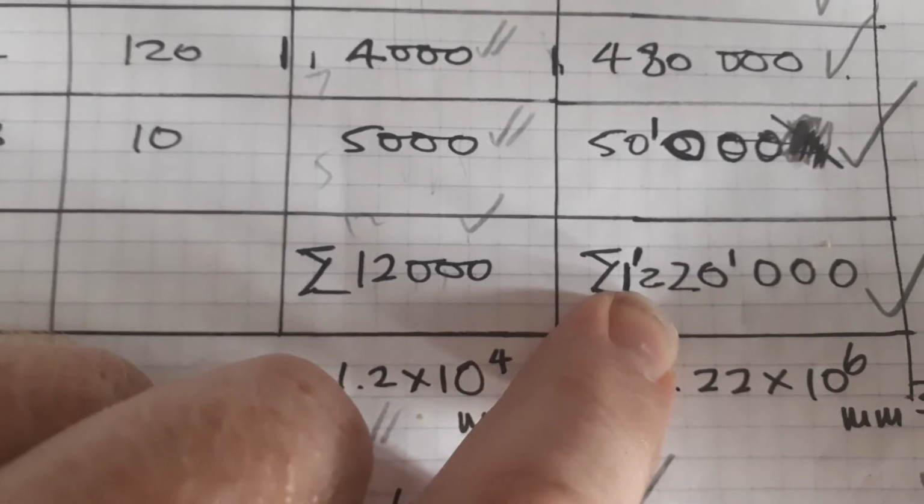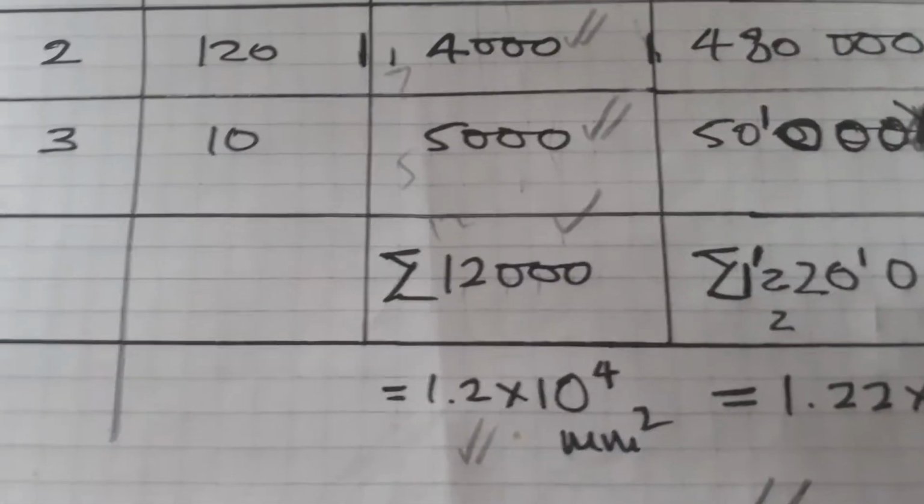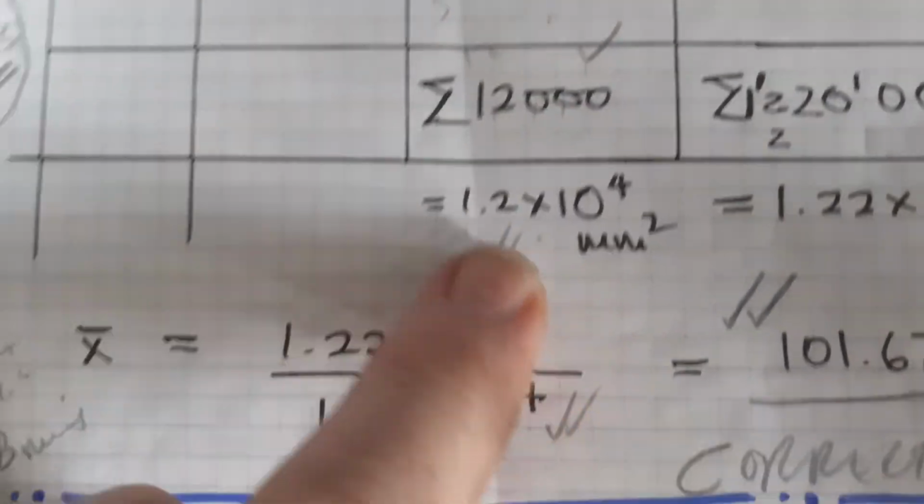So it's 1,220,000 millimeters to the power of 3. Personally, I don't think you need a calculator to do this question, because it's just as easy.